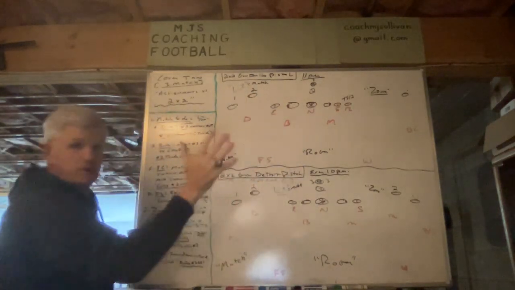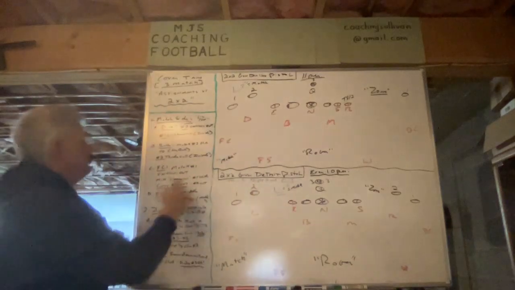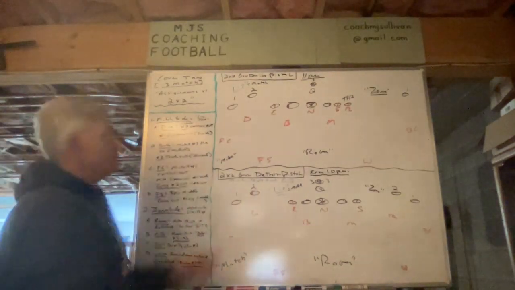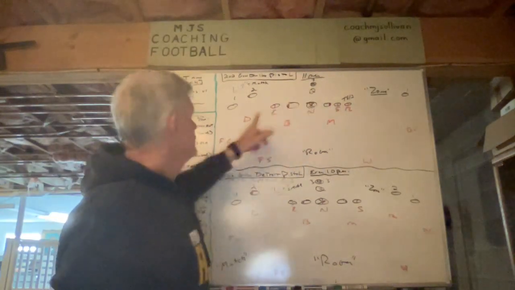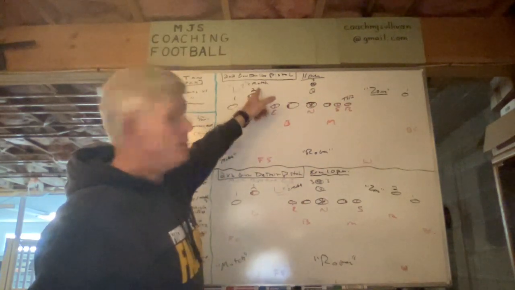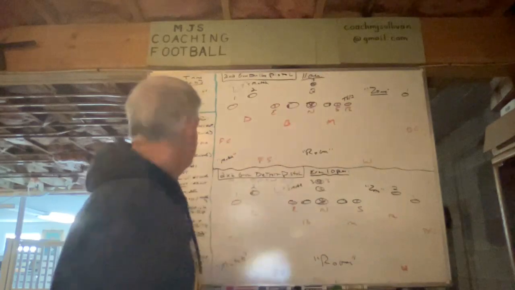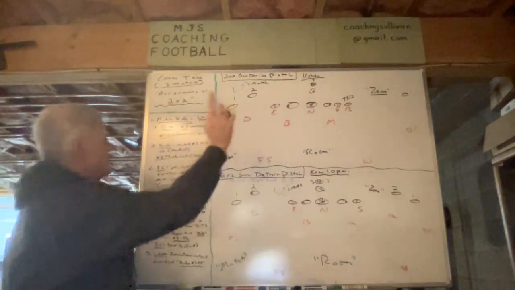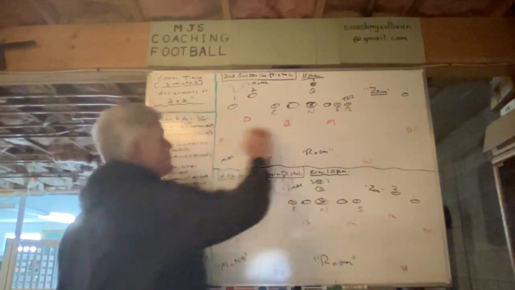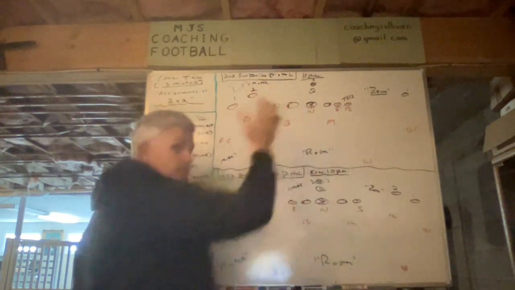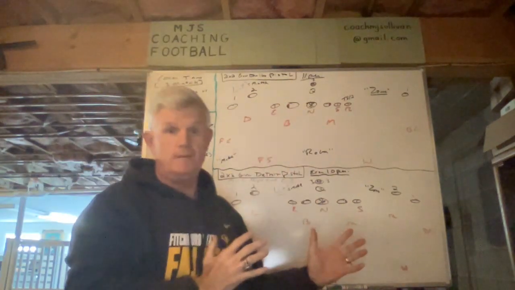Dime goes to the Liz, right? So our backer is going to match number three. So dime matches number two. Backer matches number three. Okay? So three is the running back, and he will match number three, the running back, if he comes to him. He's got to come to him.